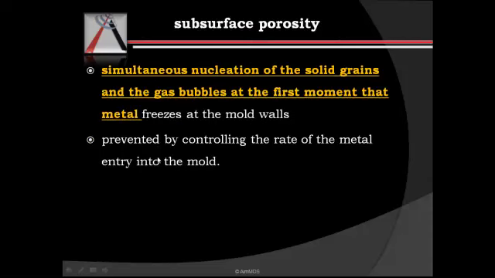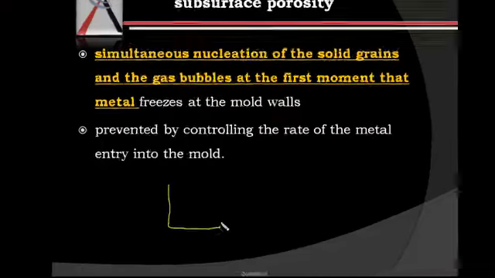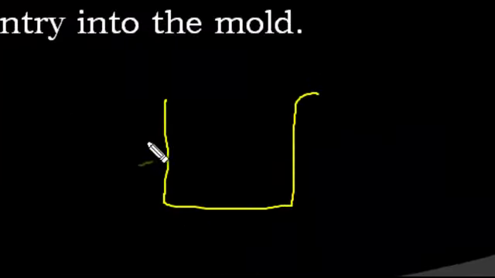Next, we have subsurface porosities. Now, as we have seen how gas can be formed inside the molten metal and then comes out of the molten metal. Imagine this is metal inside a container and this metal is solidifying.